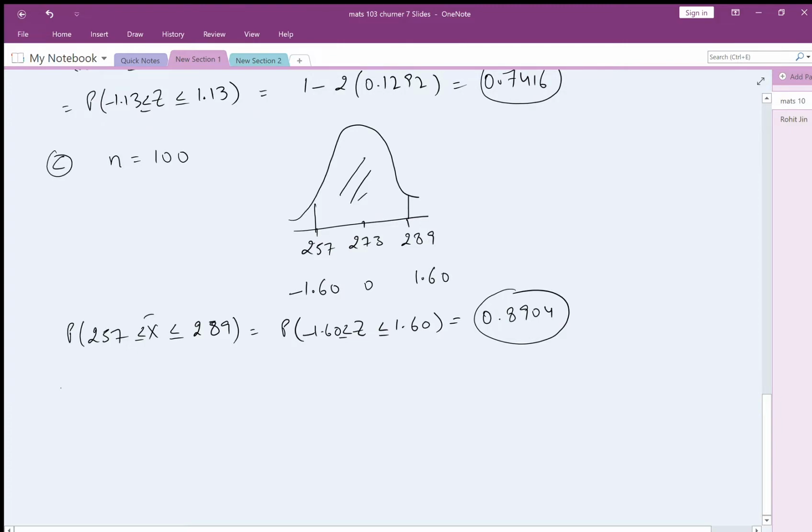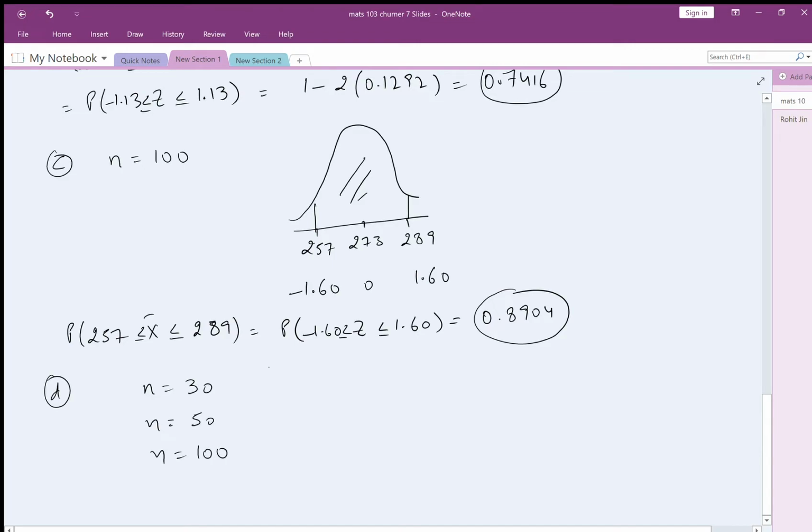Okay, now let's look at part D. Which, if any, of the sample sizes in parts A, B, and C would you recommend to ensure at least a 0.95 probability that the sample mean is within $16 of the population mean? If you look at parts A, B, and C, in part A our sample size was 30, in part B the sample size was 50, and in part C the sample size was 100.